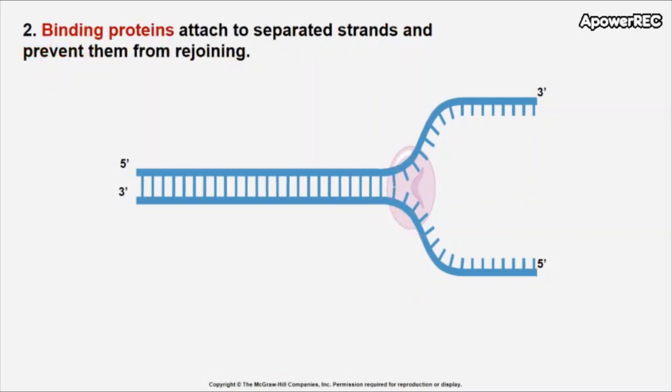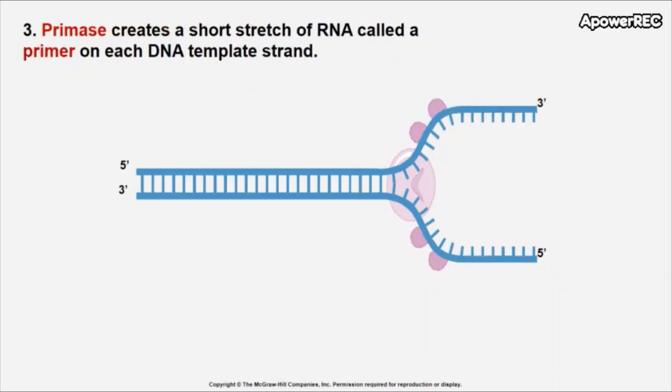However, it can't keep the DNA strands from re-annealing to each other. These nitrogenous bases want to form these hydrogen bonds with each other. So single-stranded binding proteins are recruited and bind to these single strands and keep them from being able to reattach to each other. Also, another enzyme called primase creates a short stretch of RNA.